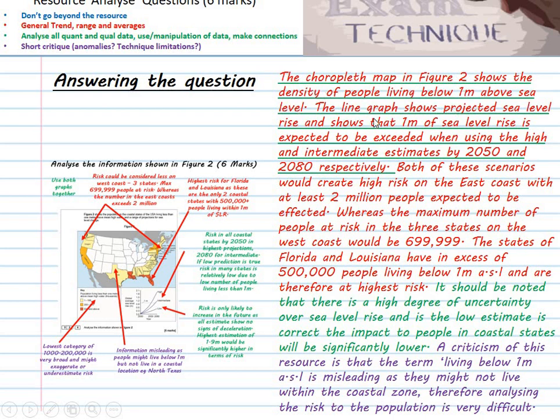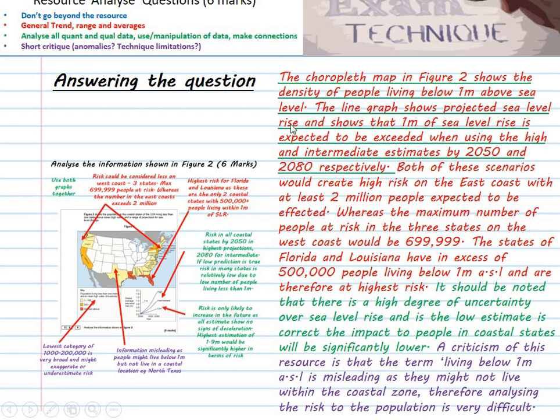The line graph shows the projected sea level rise and shows that 1 metre of sea level rise is expected to be exceeded when using the high and intermediate estimates by 2050 and 2080 respectively. That is, within this answer, showing the examiner that you are straight away making links between the data that you can see, and you also understand what it is you're looking at. That does have some elements of general trend and also of making connections.